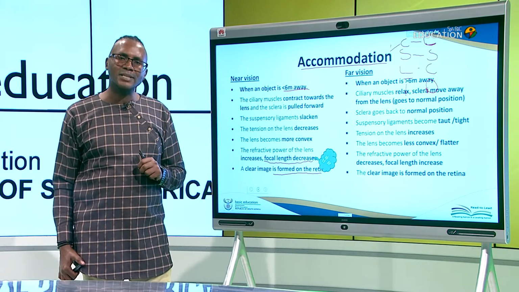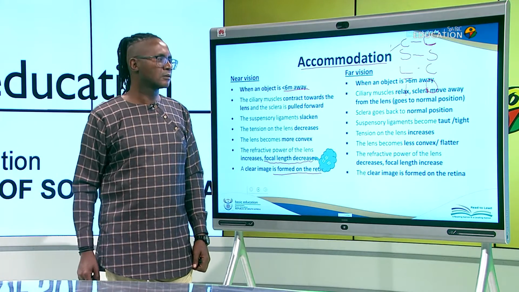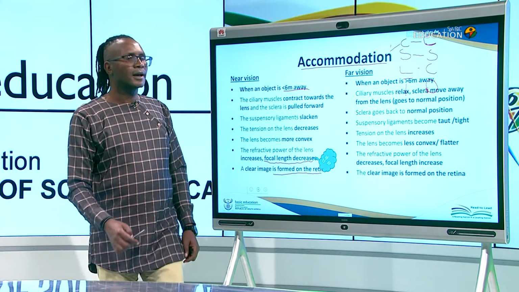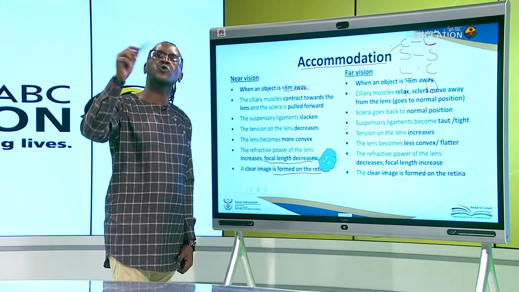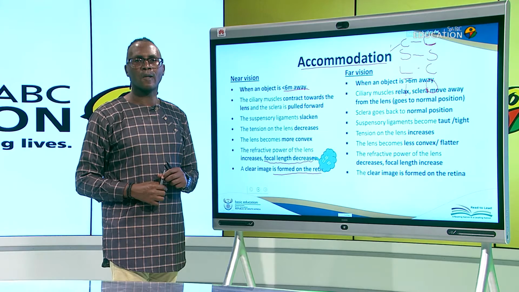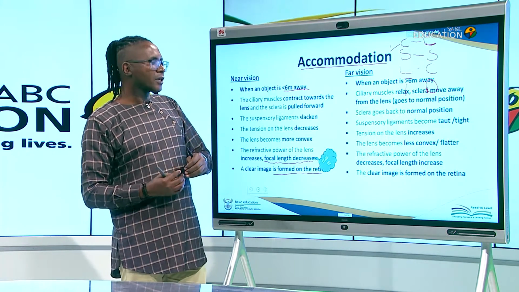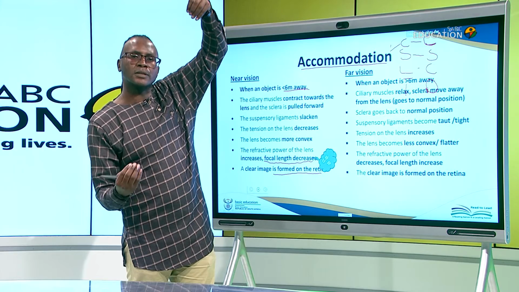And what's going to happen to the suspensory ligaments? The suspensory ligaments will be tight. And when the suspensory ligaments become tight, there is too much tension on the lens, because your lens is now flatter. It's been pulled.